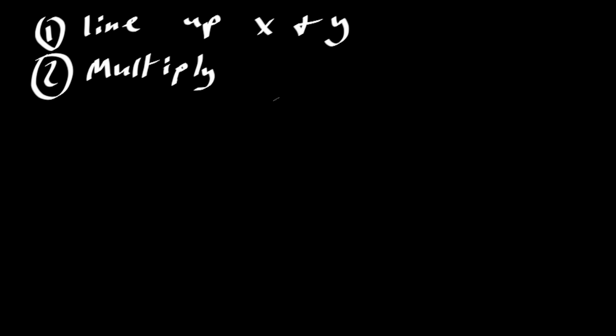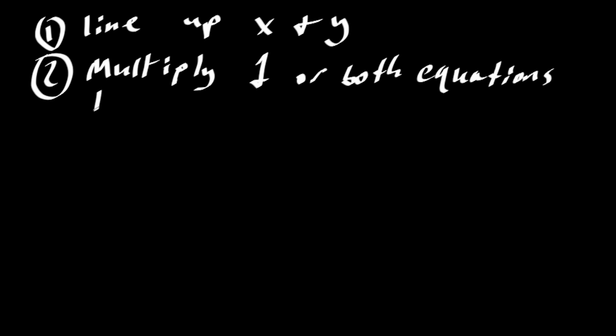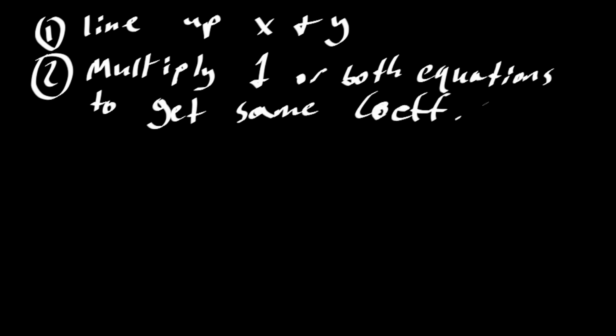So we'll say multiply one or both equations to get same coefficient. And we want to get the same coefficient for one variable. So coefficient for, we'll just say either x or y.